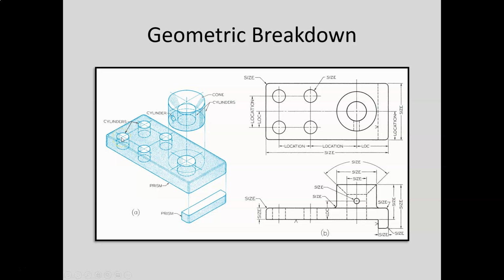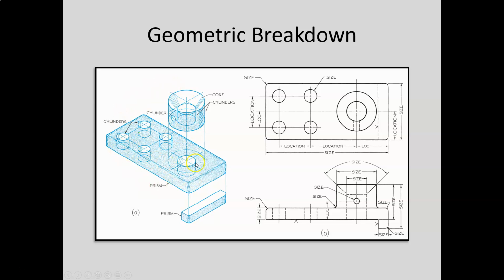We might call it a negative cylinder if this is a positive cylinder. A hole would be a negative cylinder. Then we have a prism, which is a fancy word for a rectangular solid, right? We can have a cone, right? And well, on this, that's about it, right?